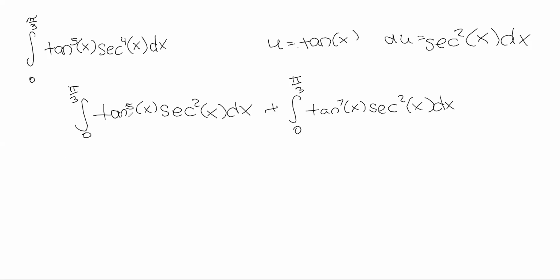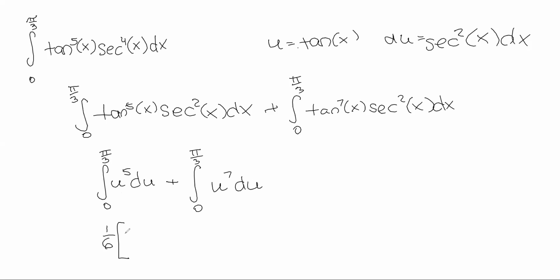So in our first integral, we're going to have u to the 5th times du. Second integral, it's going to be u to the 7th du. So if we integrate the first integral, we're going to make this u to the 6th power divided by 6.